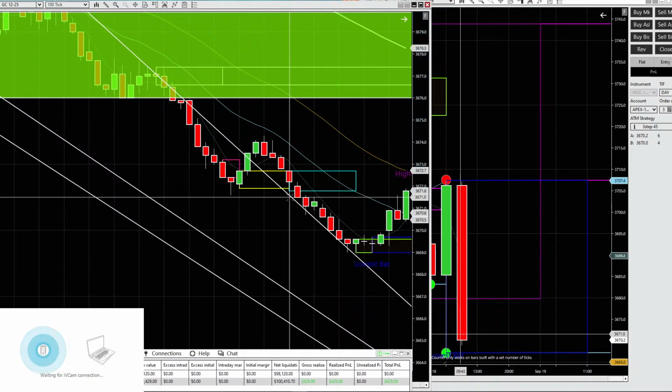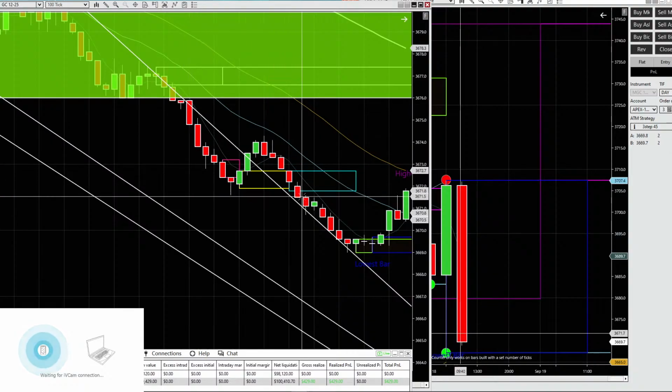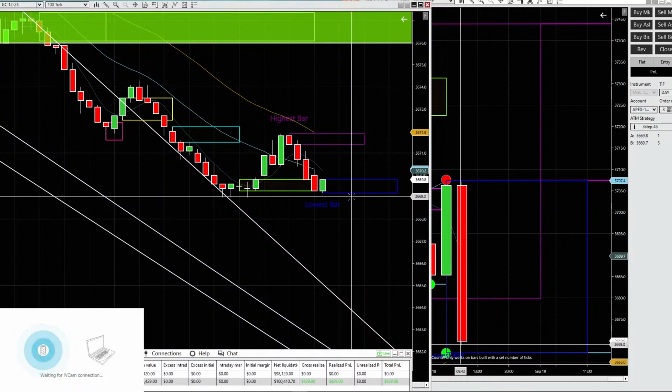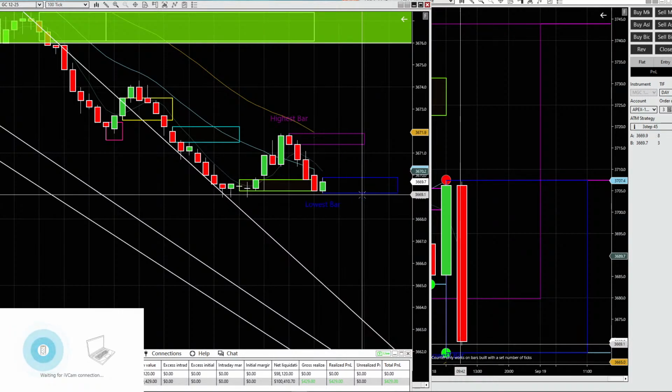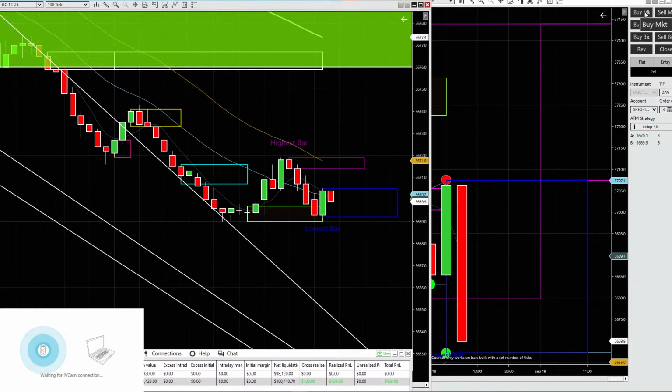I think I like it more like that. There you go, look at that. So what was resistance is now support. Boom, takes off. Here's your retest here. It might grab liquidity right here. Let's see if it'll come down and grab liquidity on this. If it does, I'll jump in. But it's got to soak back up.